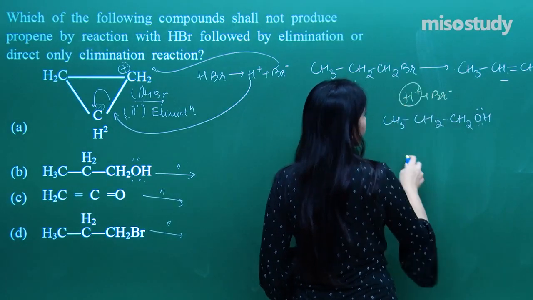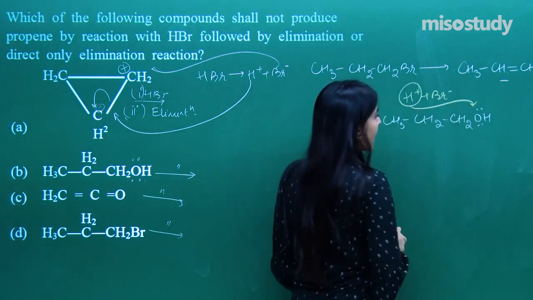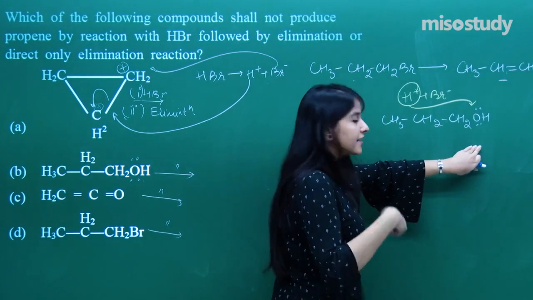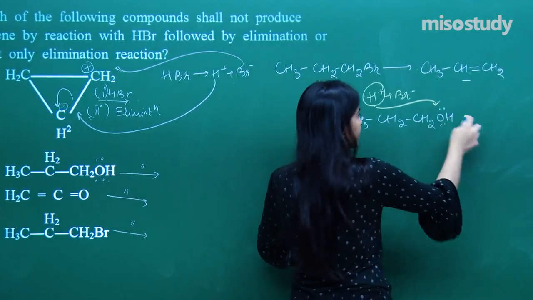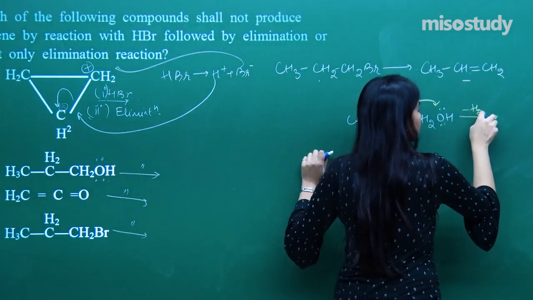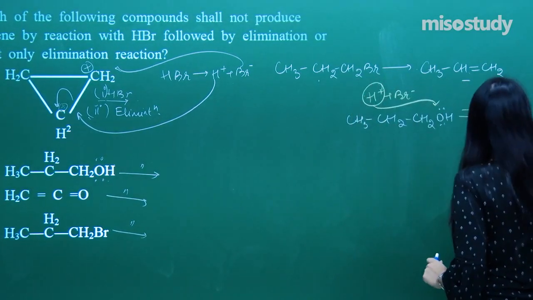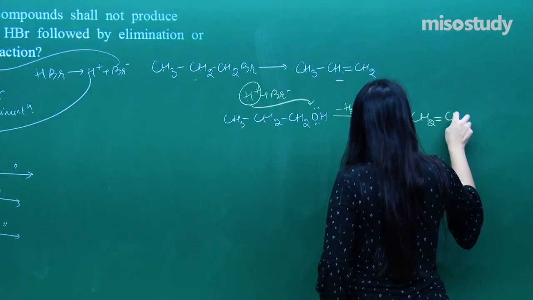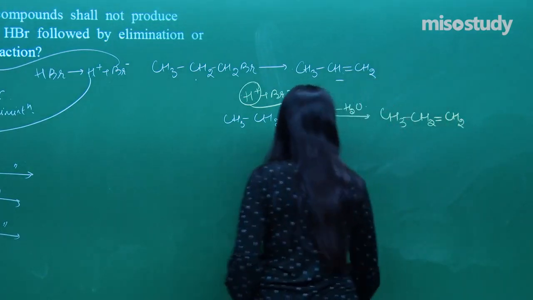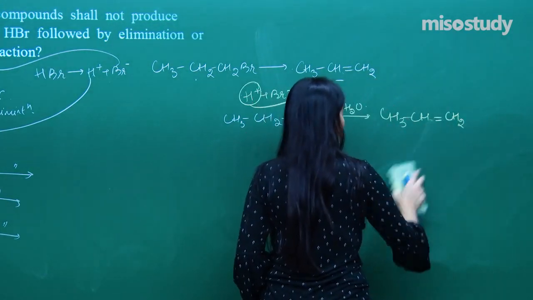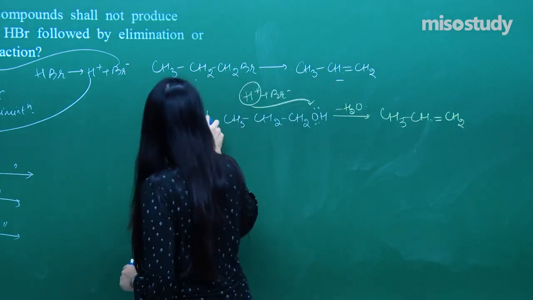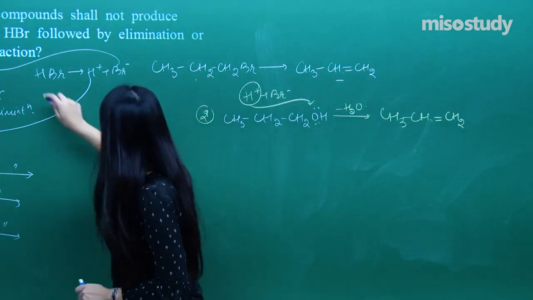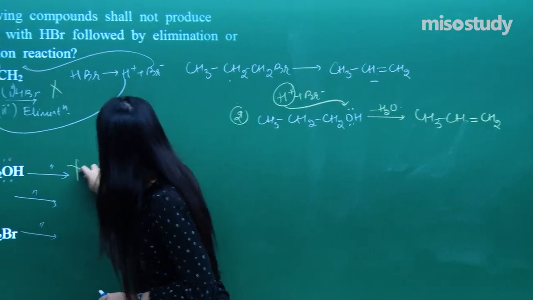This will act upon this, and finally after the elimination there will be a loss of a water molecule definitely, and again what we are getting is a propene. There is no role of bromine here. That is the second one. So again, this was not an option.